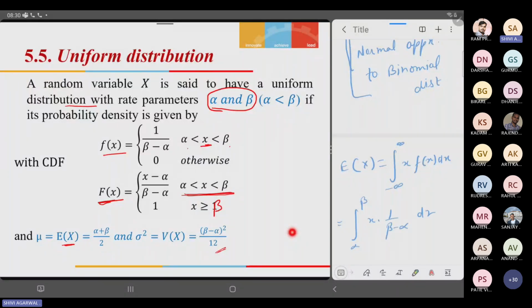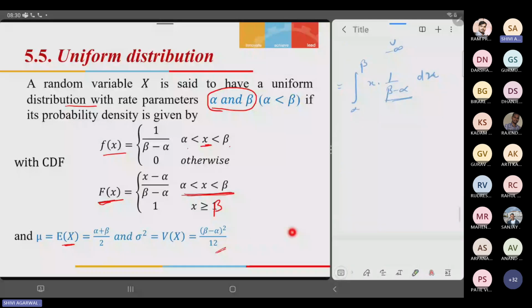Beta minus alpha is constant in terms of x, so it is 1 upon beta minus alpha, and we get x square upon 2, and the range is alpha to beta.